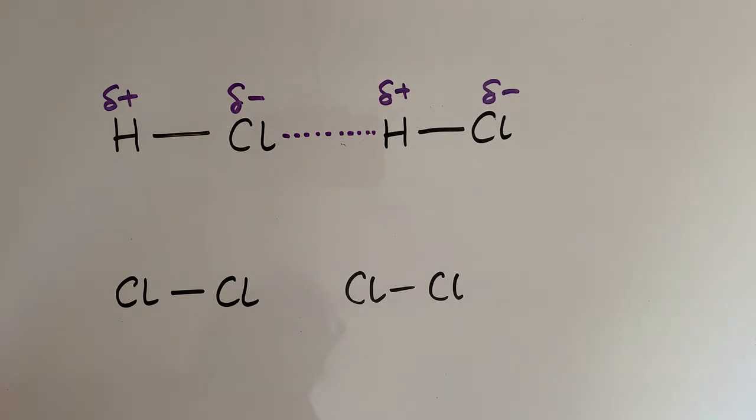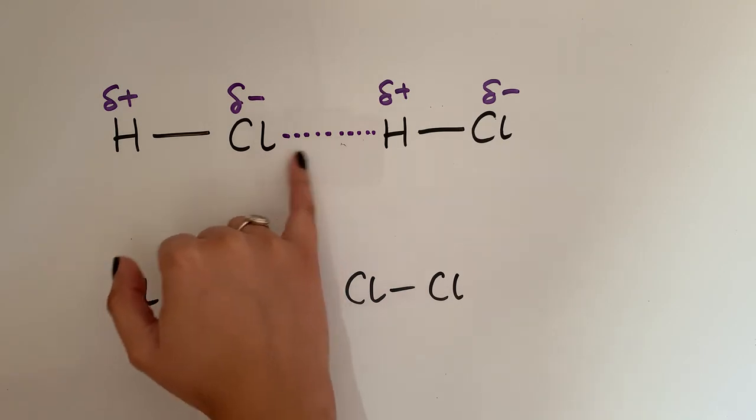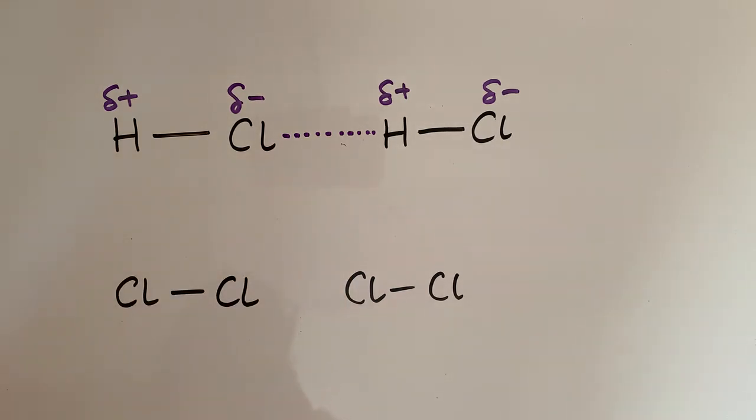It's worth bearing in mind that permanent dipole-dipole interactions are stronger than London forces. So this force here is slightly stronger than a London force. The London force is very, very weak, whereas a permanent dipole-dipole interaction is a lot stronger.